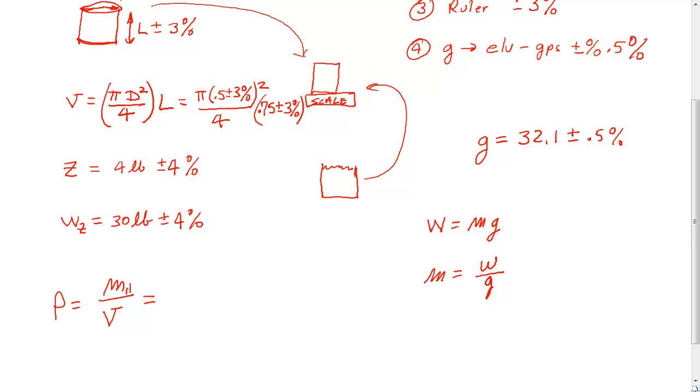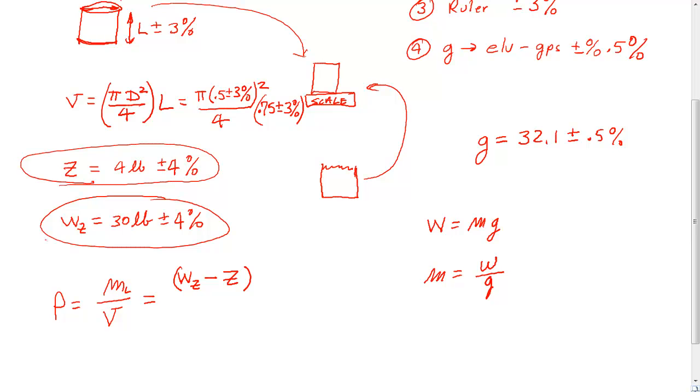This is the mass of the liquid. The mass of the liquid is going to be WZ minus Z, because you've got to subtract off the weight of the container. This is the weight of the container, and this is the weight of the container and the fluid in the container. This is the total weight, but I need to divide that by G, and I need to divide that by volume.